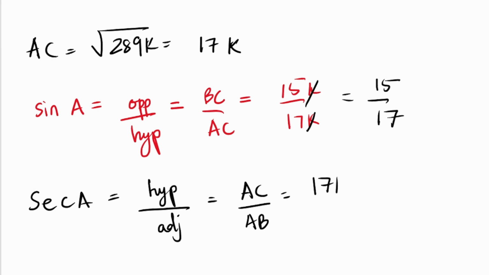Hypotenuse is 17k divided by AB, which is 8k. Then you cancel out the k, you'll get 17 by 8.